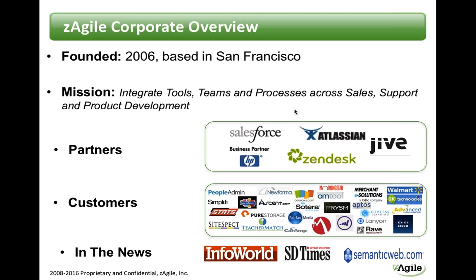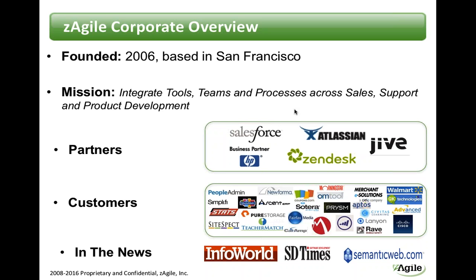So let's first tell you about Zagil. Zagil was founded in 2006, and it's based in San Francisco. It was founded with the mission and vision to integrate tools, teams, and processes in an organization, more particularly focused around sales, support, and product development teams.